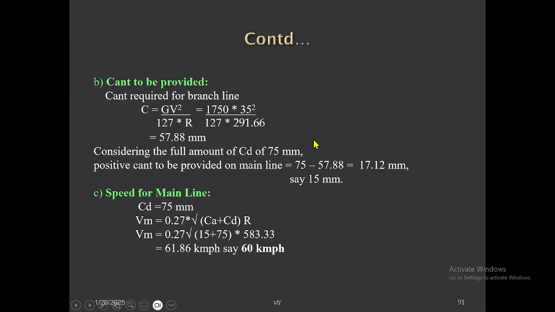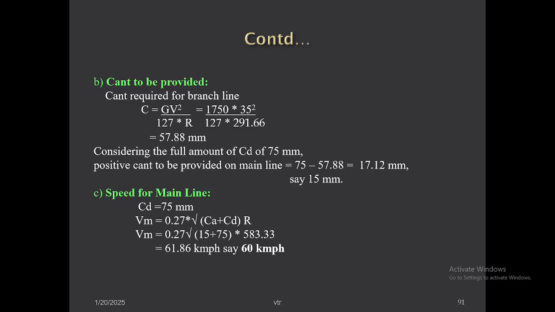So how much cant is to be provided? Since it is a contraflexure, you are in the compulsion of a compromise situation. Whatever cant you are providing should satisfy both the trains negotiating the turnout as well as the main line.